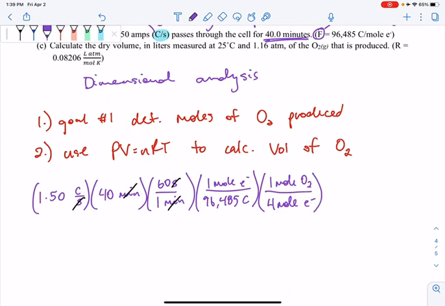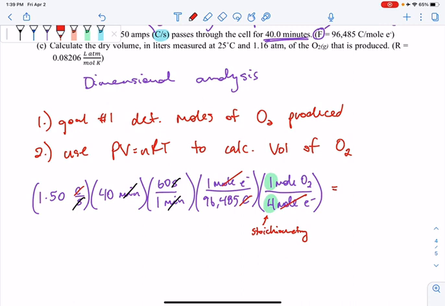I think this is maybe the hardest part, this right here. These are from the stoichiometry of that half reaction. Anyway, now we have moles of oxygen. That's fantastic because everything else cancels out. So let's put that in our calculator. If you're wondering how to put this in your calculator, multiply everything in the numerator, hit enter, then hit answer, divide, and then do parentheses and multiply everything in the denominator.